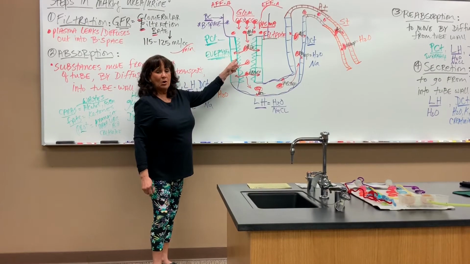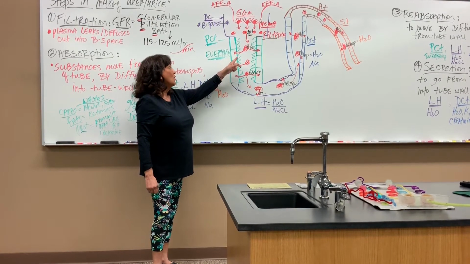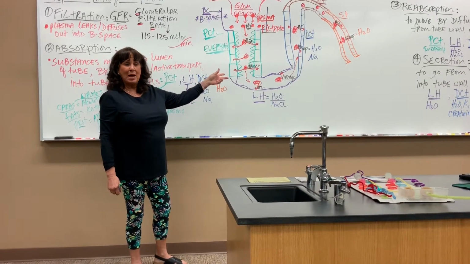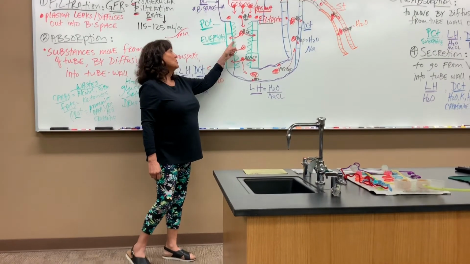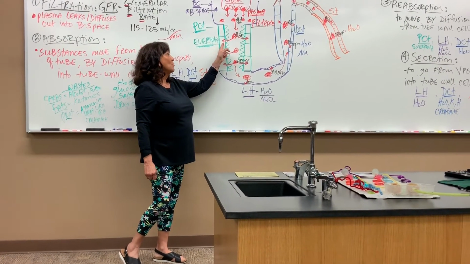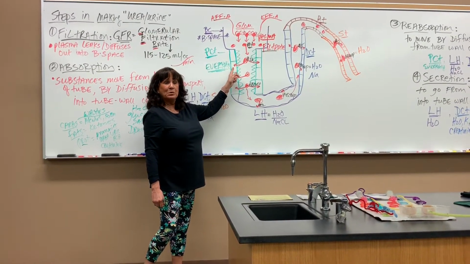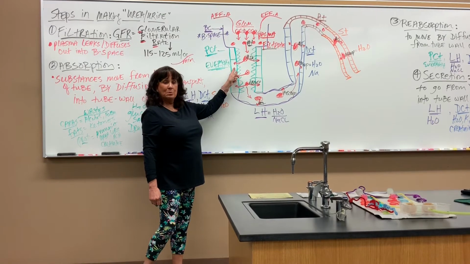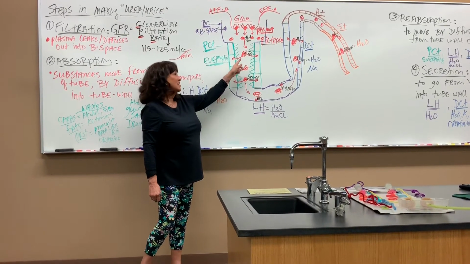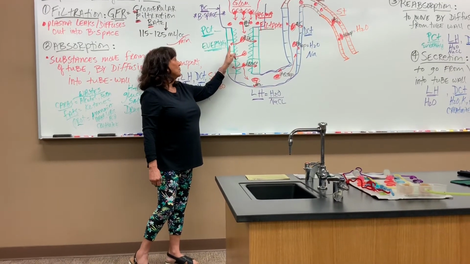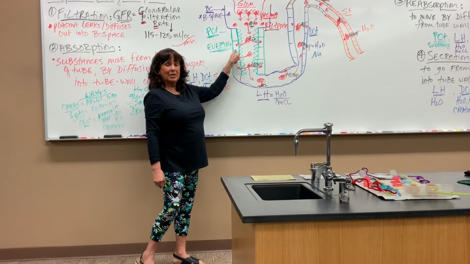Drugs, hormones, alcohol, waste products like ketones from the metabolism of fats, protein metabolism leftovers. Protein metabolism leftovers would be like ammonia coming in here. Uric acid, urea from muscle metabolism could be coming in here.